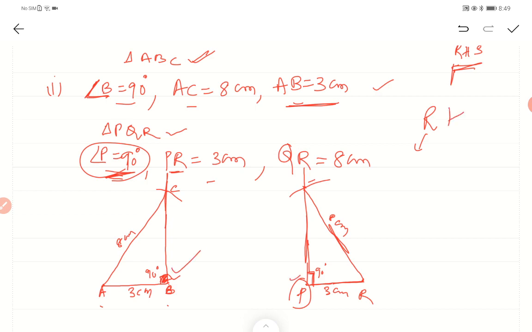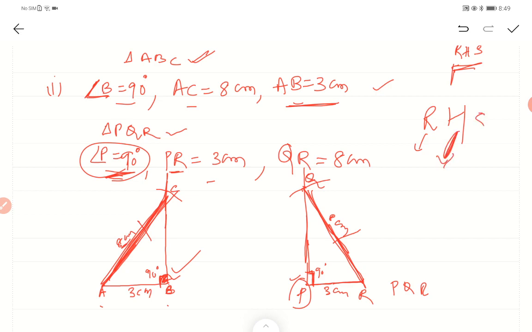What about the hypotenuse? Hypotenuse is what? The opposite side. Opposite of this 90 degrees, you call it the hypotenuse. So here it is 8 centimeters, and in triangle PQR, where is the hypotenuse? This one, opposite to 90 degrees. So this is 8 centimeters, this is 8 centimeters. So the hypotenuse is also equal.